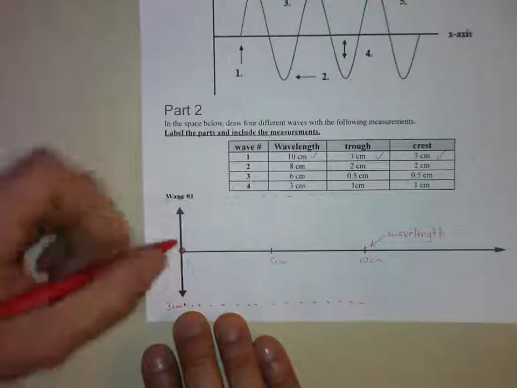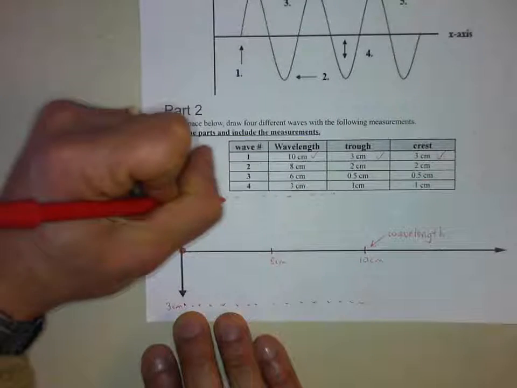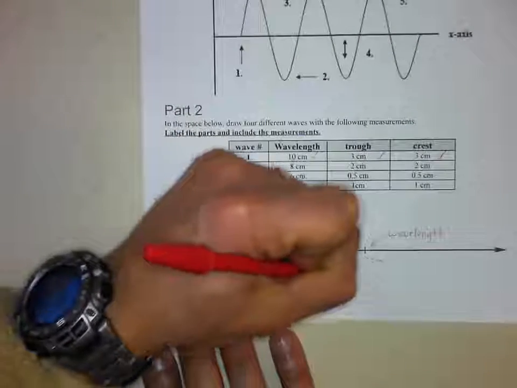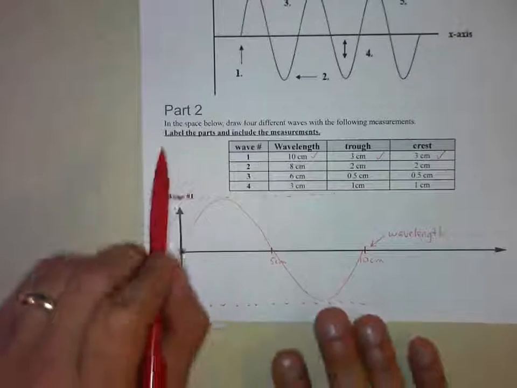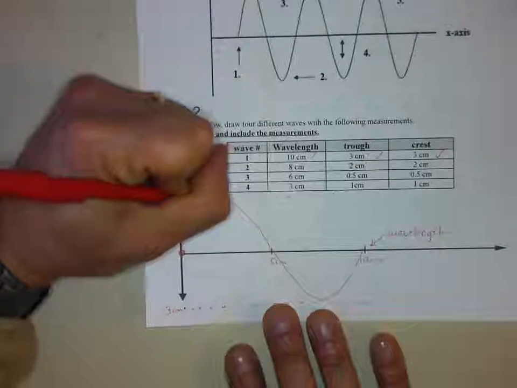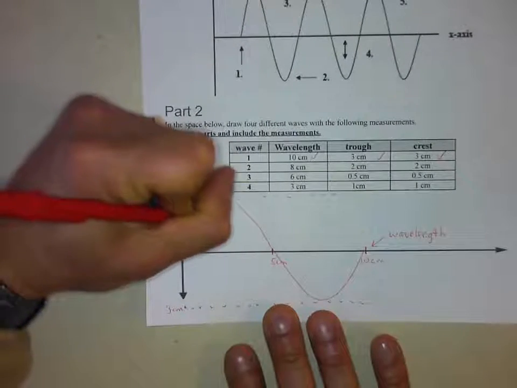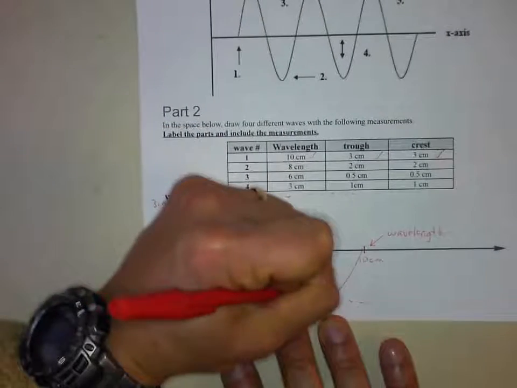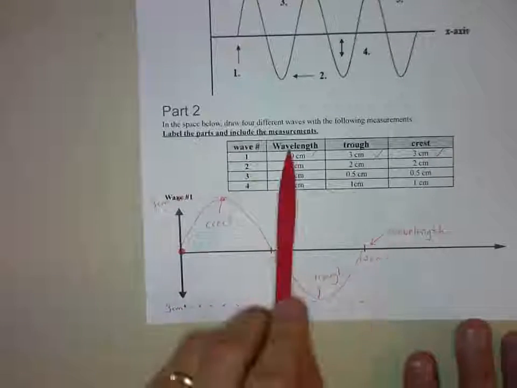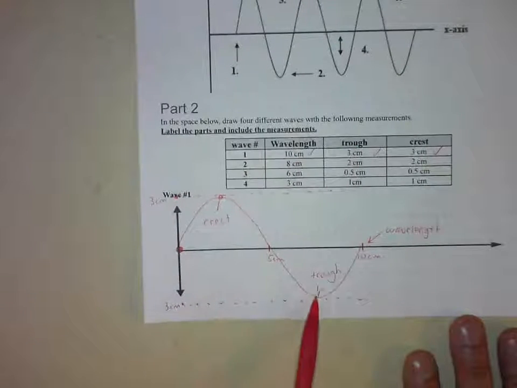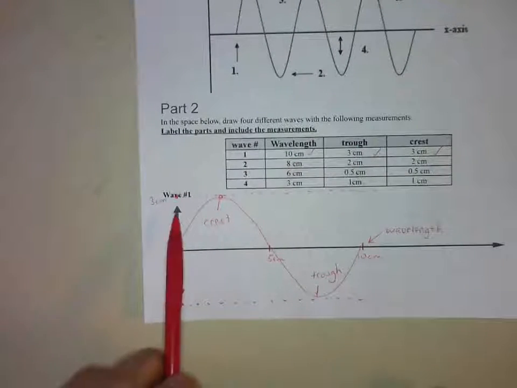That's how I draw my wave. That's my wave. Okay? And it says also label the parts. So this is the crest. This is the trough. So we have the wavelength, the trough, and the crest. Okay, that's for wave number 1.